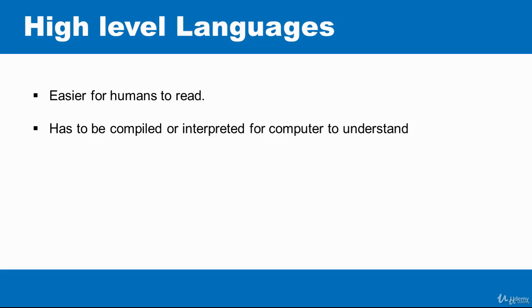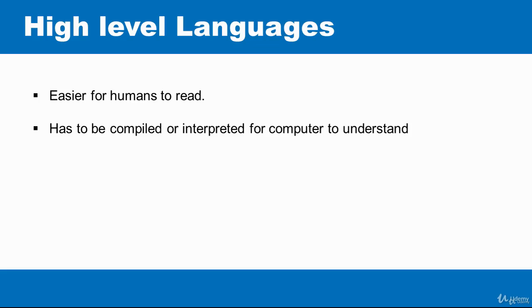When a high-level language is interpreted, take for example JavaScript. JavaScript has an engine inside the web browser that interprets any JavaScript you write line by line. That means as you write the JavaScript, it will interpret what you've written before the web browser can display the information.